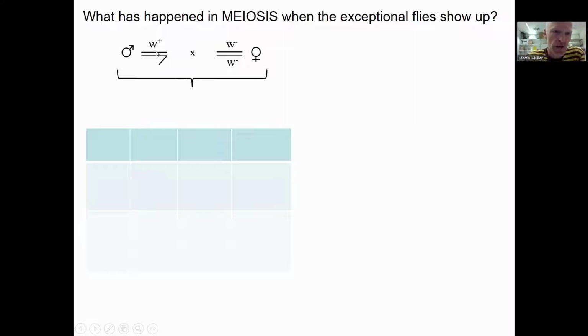The males are X over Y. And these males here are crossed to white minus females. And the females produce one type of eggs normally, and the males produce two types of sperm. And if you combine them, you get red-eyed females, since white plus is dominant over white minus, and white-eyed males.